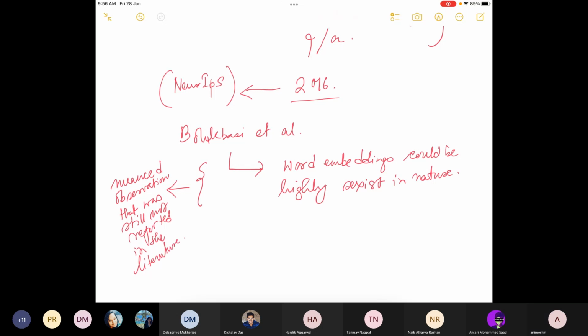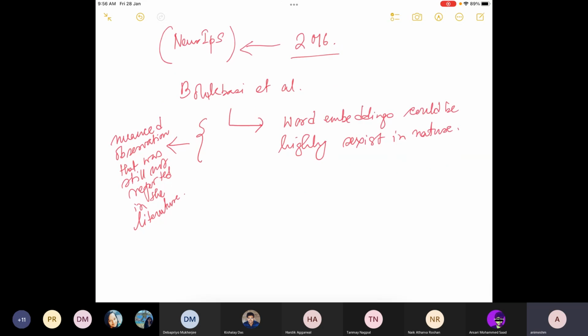Okay, and they started with a very simple motivating example. I'll show you this example and we will stop here. Again, the man minus woman. What do you think the embedding calculations would return?